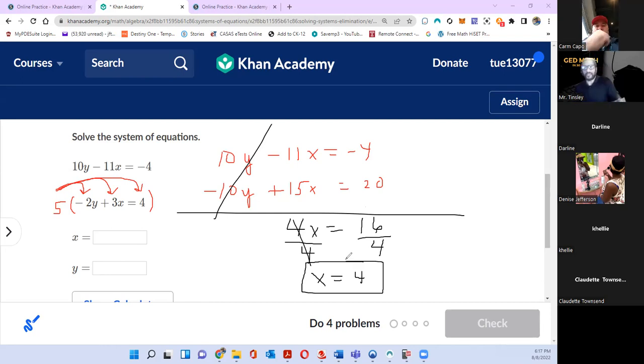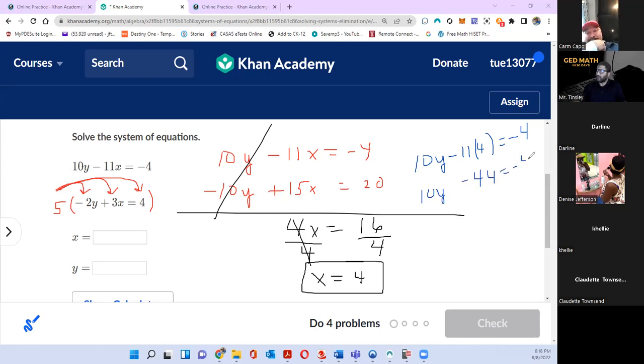So we know what x is. Now I'm going to plug it into the second equation. I could plug it into the first equation. It does not matter. Matter of fact, I'll plug it into the first equation. So 10y minus 11, x we said was 4, equal negative 4. 10y minus 44 equal negative 4.